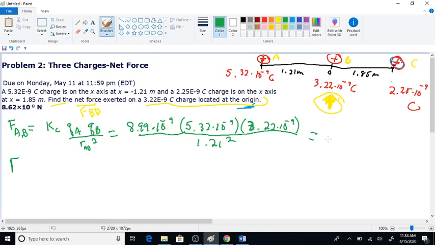In my calculations, that gets us 1.0518 times 10 to the minus 7th newtons of force.